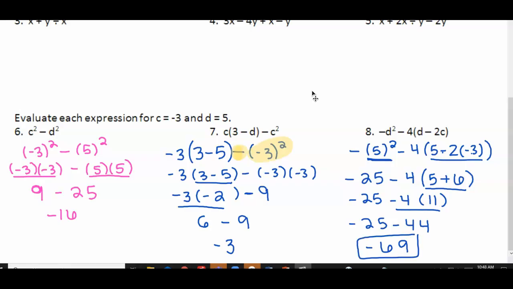And we get a negative 69. This is a problem that we consistently have issues and errors with because people have a tendency to group these together before they multiply. And again, subtraction and addition is last.